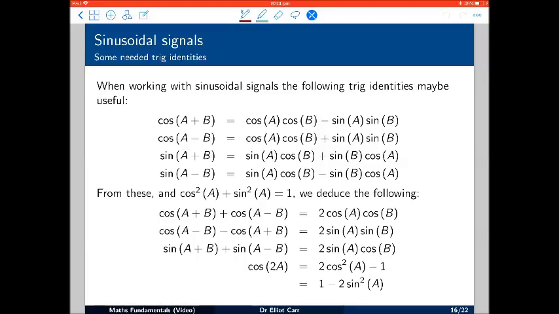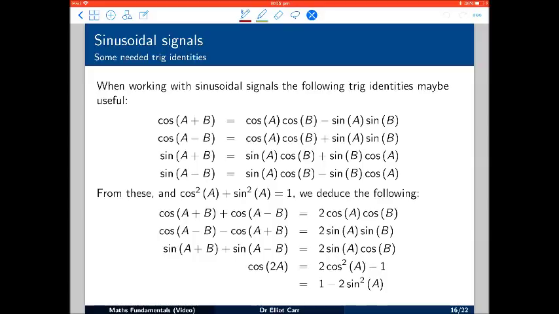Okay, so when working with these sorts of trigonometric functions, it's often useful to use some of these trig identities, and this is particularly useful, as we'll see, I think in the first lecture. These are useful for calculating some integrals.